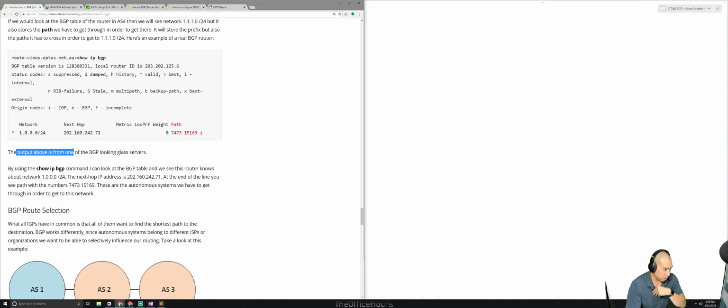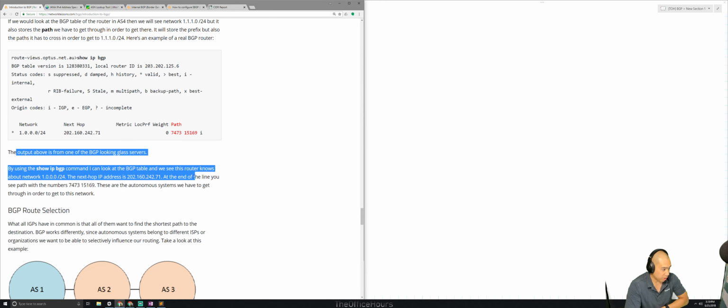The output above is from one of the BGP looking glass servers. By using the show ip bgp command, I can look up the BGP table, and we will see this router knows about the 1.1.1.0/24 network.